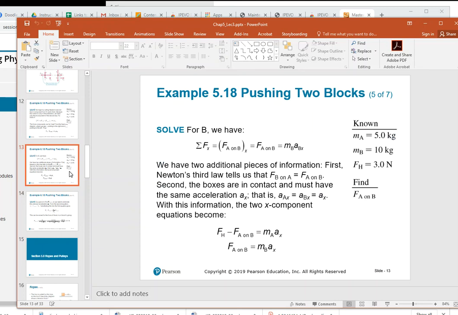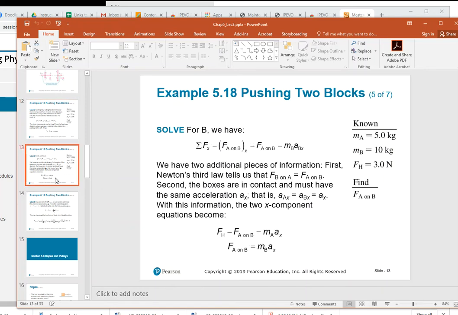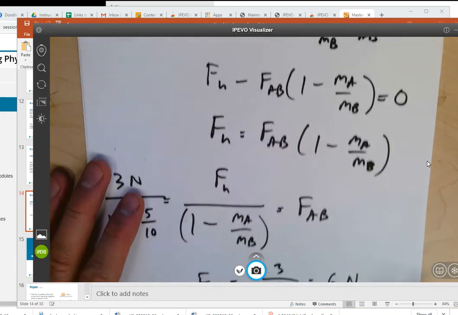I made a mistake because FH minus FAB is MA. Oh, I see it now. Okay, so I made an arithmetic error here. Can you see where I made the mistake?